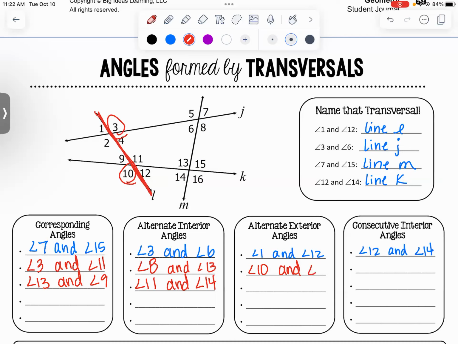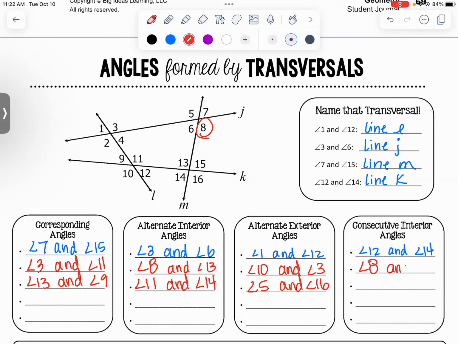Good. I put 2. That would also be a correct answer. Now I'm going to pick angle 5. Nora, what would the alternate exterior angle to angle 5 be? 16. Good.